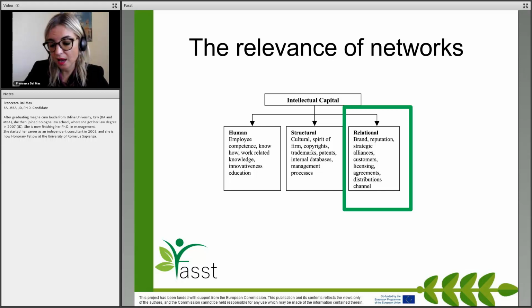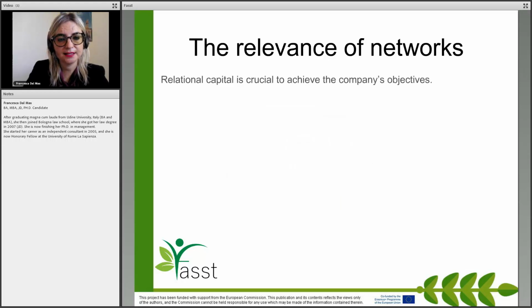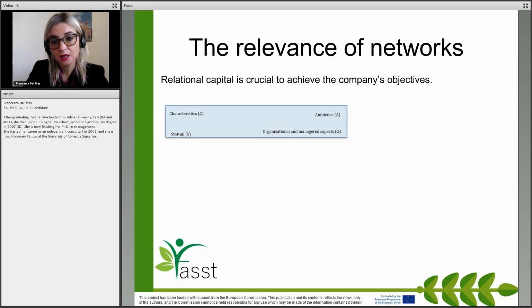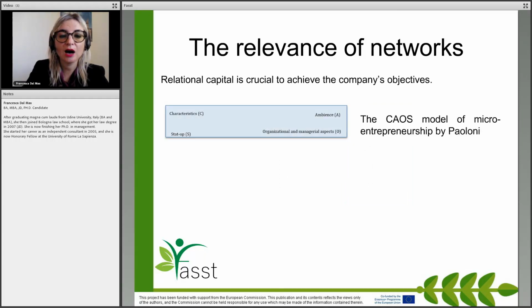So in designing any kind of company, the entrepreneur or the partners of the firm should ask themselves what relationships are the most valuable to start our business. In this sense, I can propose a model, the CHAOS model of micro-entrepreneurship by Professor Paola Paoloni, one of my colleagues at Rome La Sapienza University.